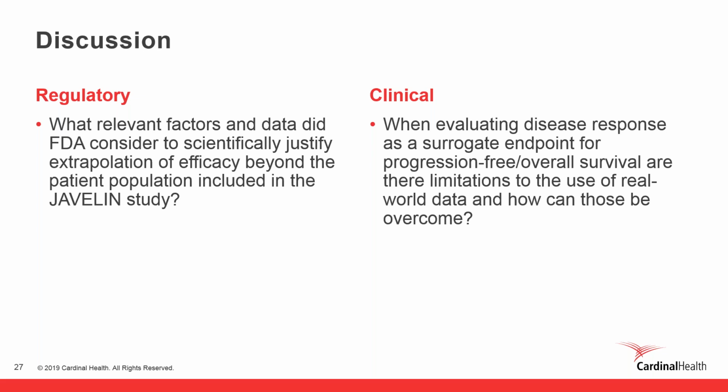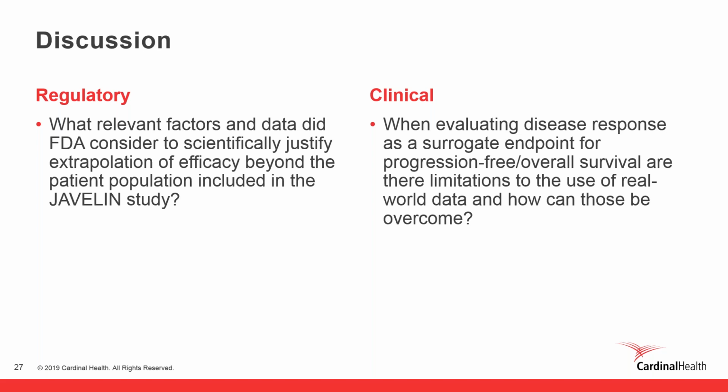Yeah, great. Thanks, Jonathan. And so the question I have in my mind, too, is this similar to Ibrance, where the RWD, in my mind, definitely played a role in the extrapolation of the efficacy? And I think in this scenario, the answer is no. And so FDA extrapolated into not only chemotherapy naive patients, but also pediatric patients using different methodology that didn't involve RWD.